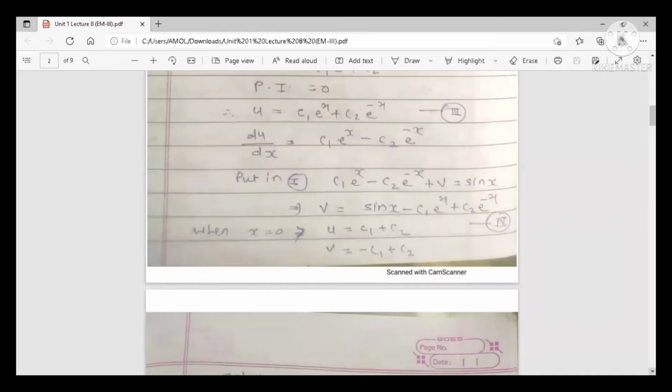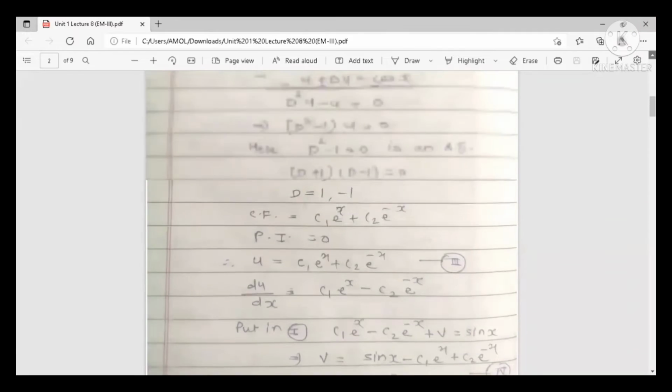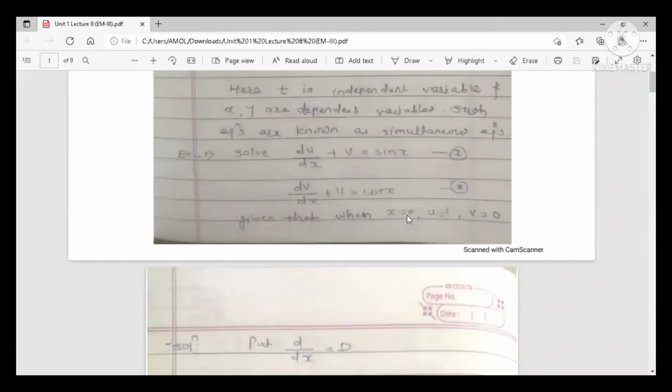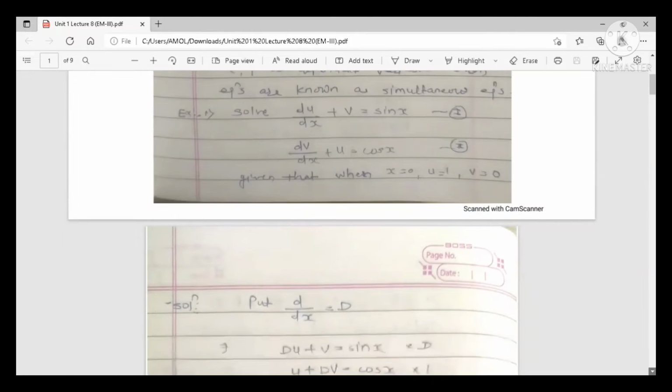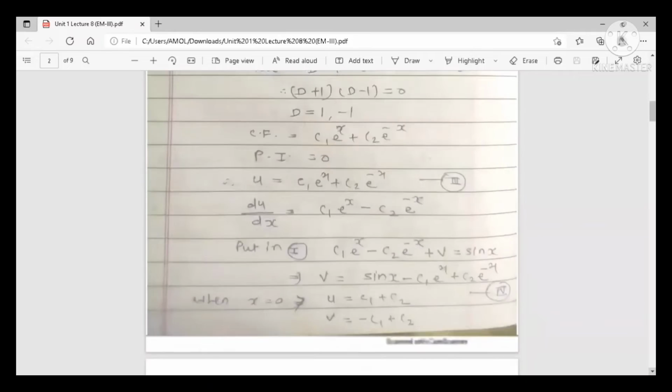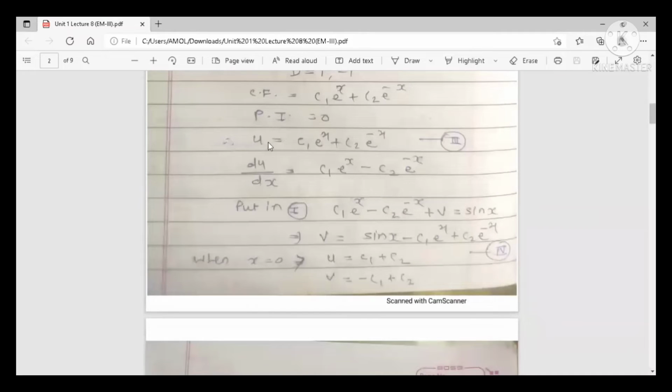Now these are the values of u and v. Now the special or initial conditions are given. The conditions are given here: when x is equal to 0, u is 1 and v is 0. So put x is equal to 0 in equation number 3.